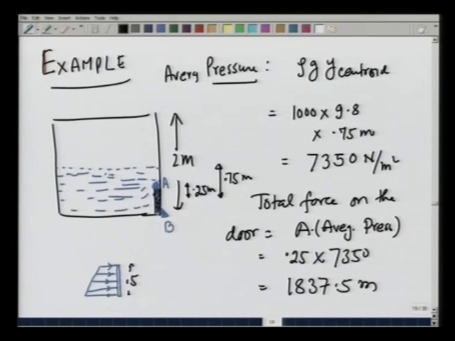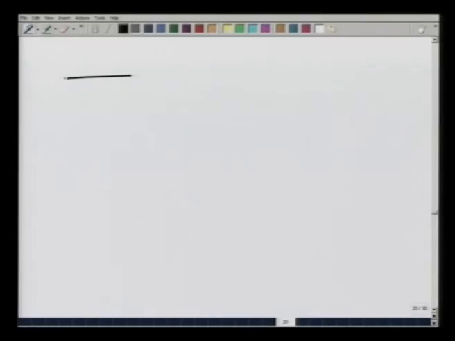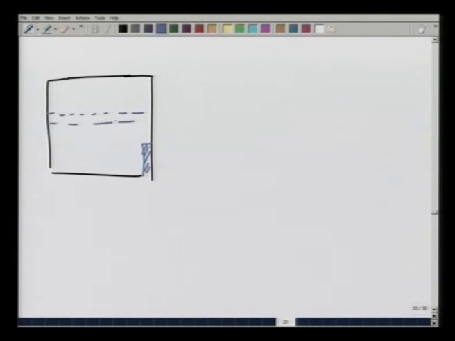So, what we know about this door now is that when the water tank is half filled, the force on the door is 1837.5 newtons. And where does it act?